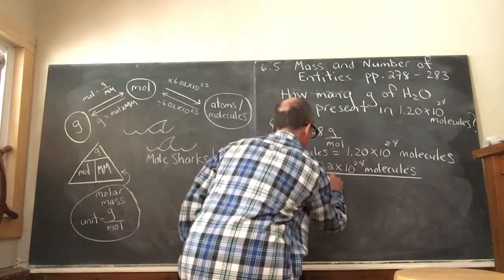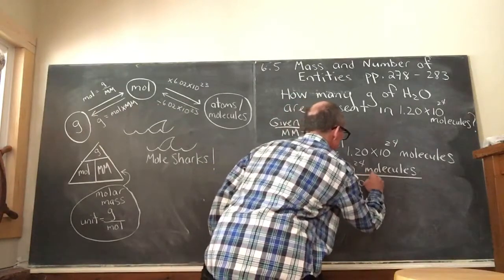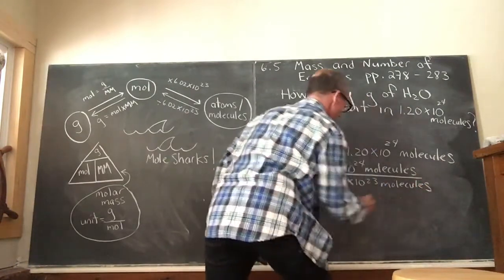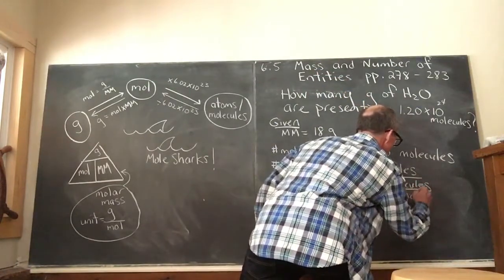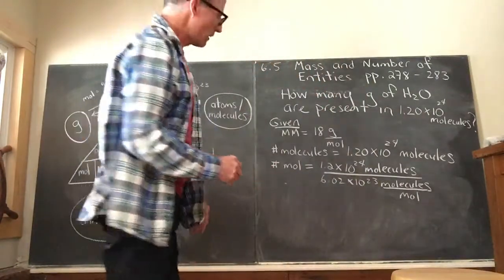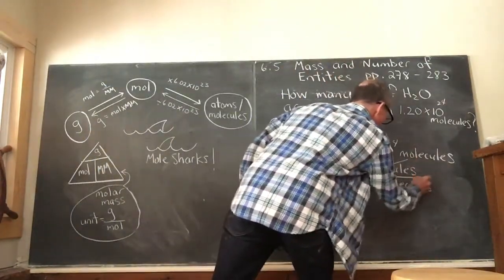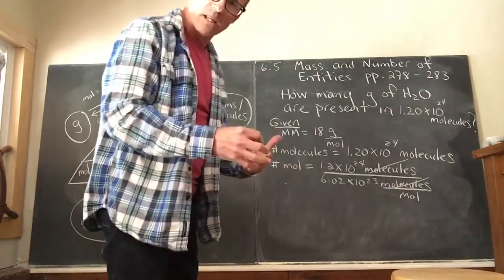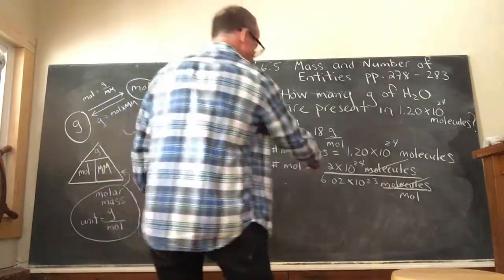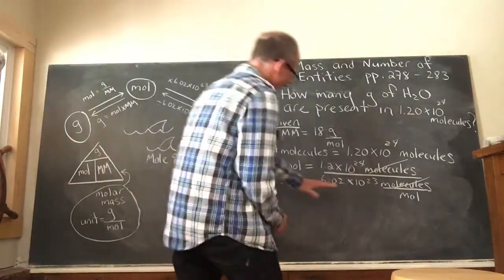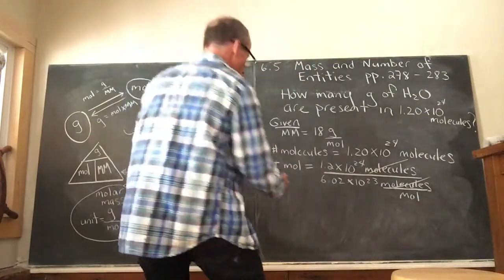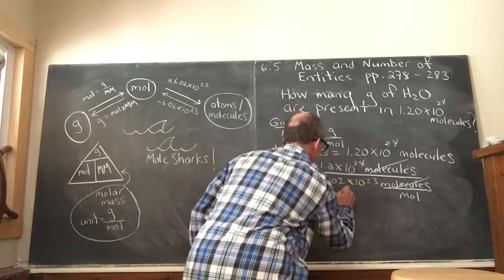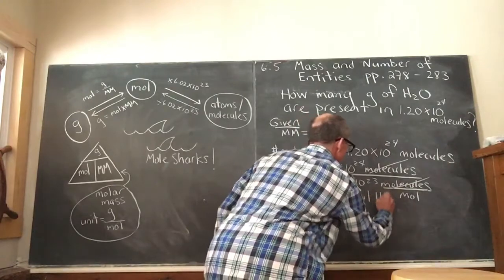So we're going to divide by 6.02 times 10 to the 23rd molecules, which is good old Avogadro's number, per mole. And, like before, units are your friend. Let's cancel out molecules. I'm going to round this off to make life easy for myself and for you. So 1.2 times 10 to the 24th divided by 6.02 times 10 to the 23rd is very close to 2.0 moles of water.